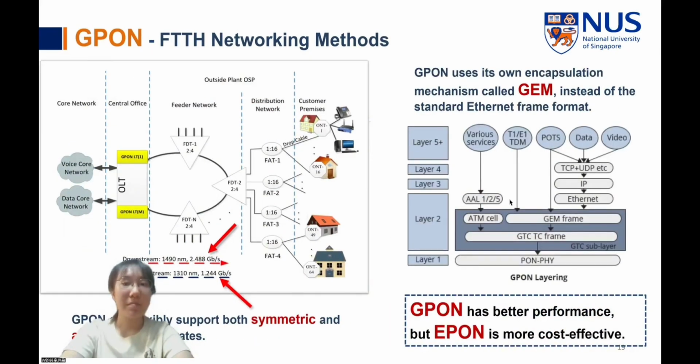Well, the next mainstream standard for PON is GPON. GPON is a very popular PON standard defined by ITU-T rather than IEEE. GPON is known for its asymmetric data rates: it can offer 2.4 Gbps for downstream and 1.2 Gbps for upstream.